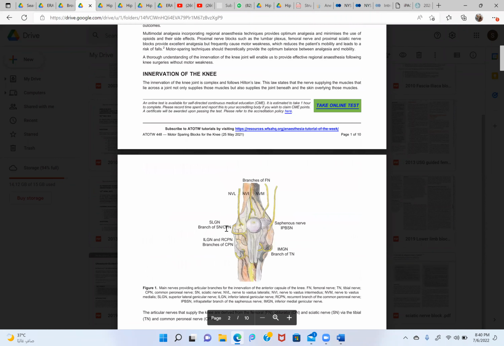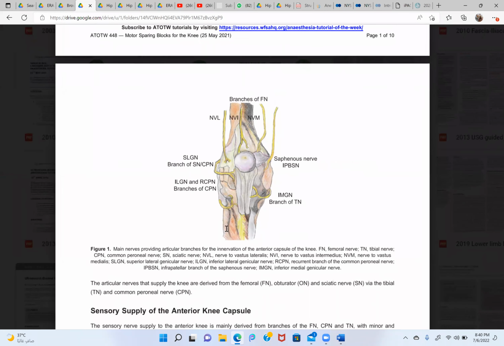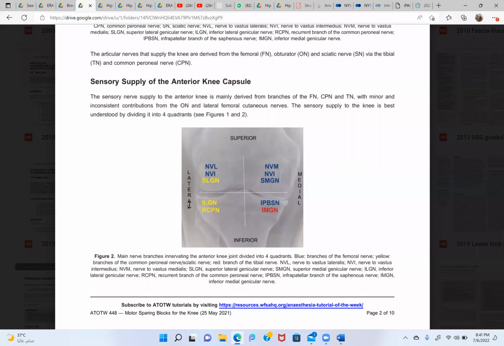First of all, you should know the nerve supply of the knee. They are getting components from the femoral nerve, obturator nerve, and sciatic nerve. Here you can see the nerve to vastus lateralis, vastus intermedius, and vastus medialis, and you can see the abbreviations.